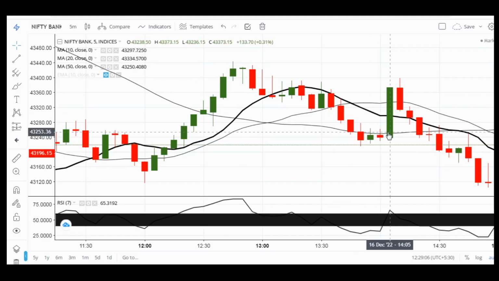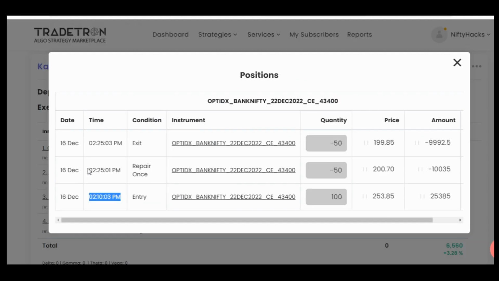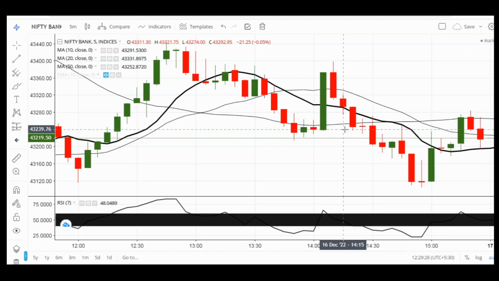Let's see, at 210. See, this candle has crossed above all the 3 moving averages, and has crossed the RSI 60 level also. So we got entry here, and I think in this also we booked a loss. Okay, 225 and 225. Yeah, so this was our stop loss which got hit here.